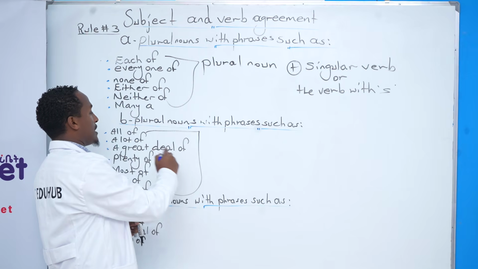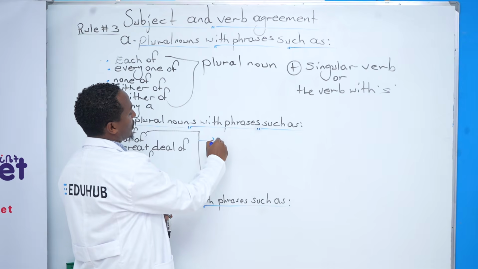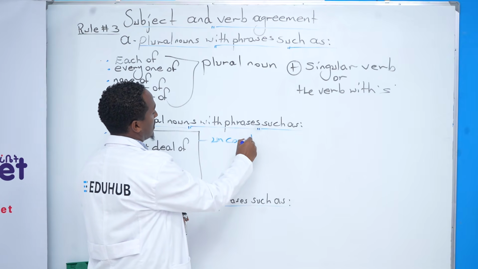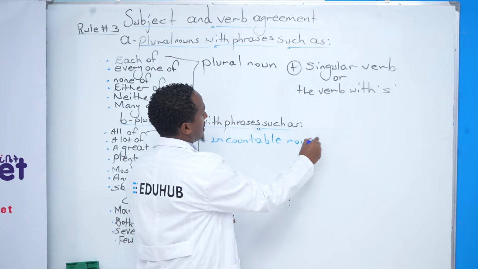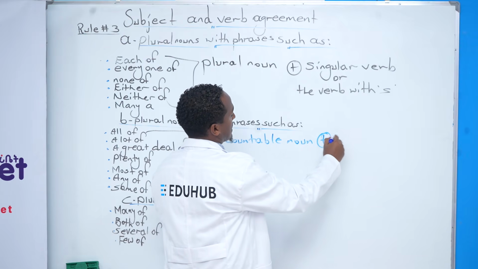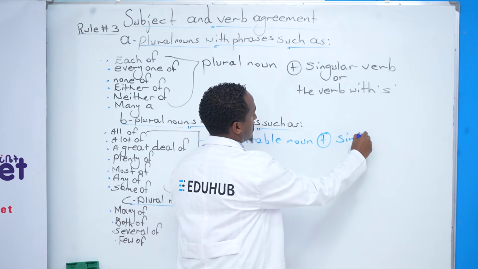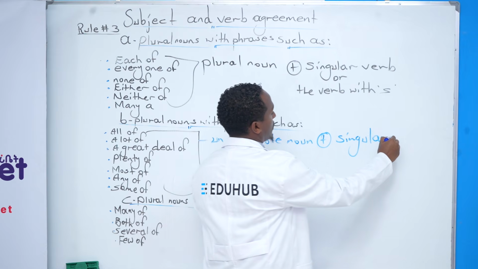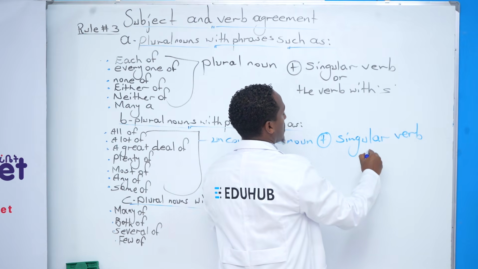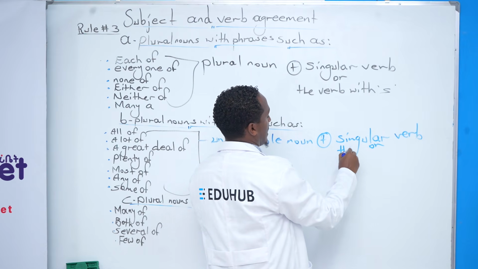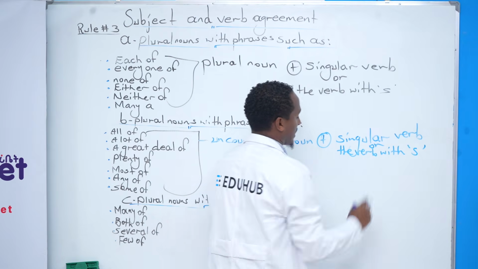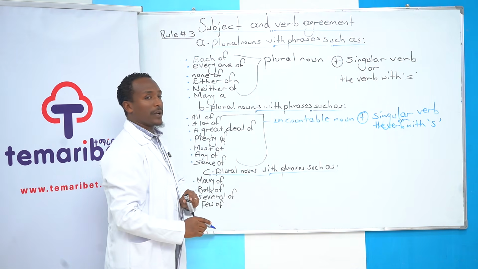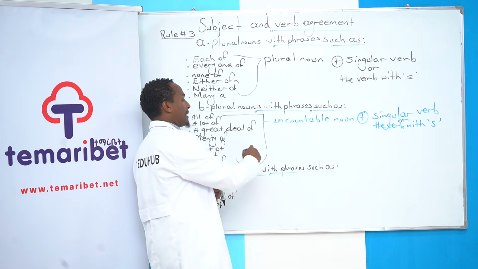Because if these phrases come with an uncountable noun, the verb must be singular, or the verb with s.